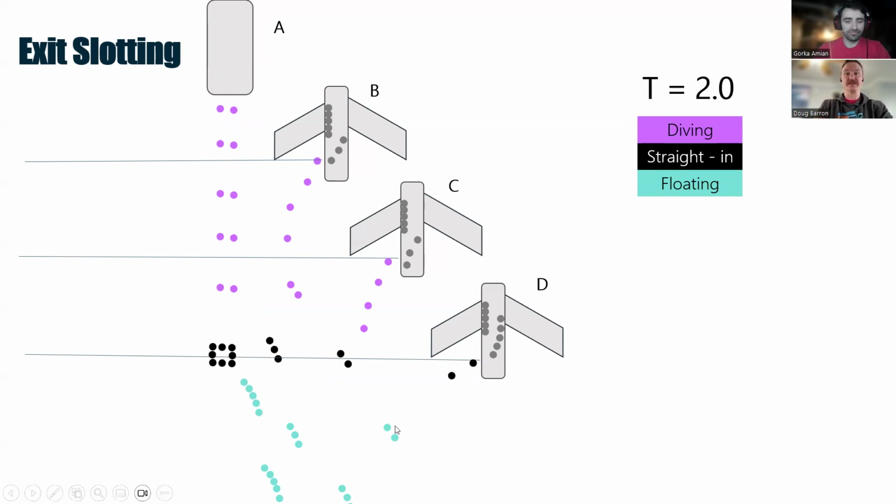Now, as we move into time 2, essentially 2 seconds, we see more divers from the B aircraft, the C aircraft, and now the D aircraft is getting into straight across. So what we're trying to show you here is that just because you are in a diving position inside the aircraft, that doesn't mean that your approach is necessarily a diving approach.